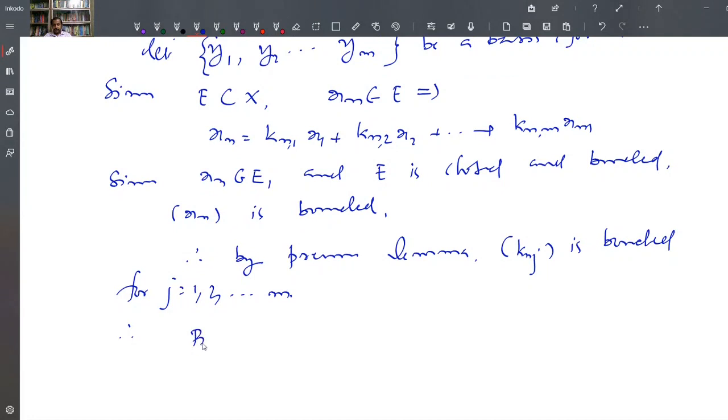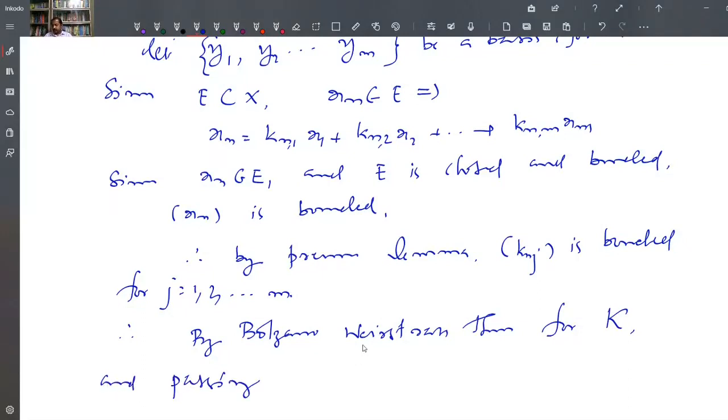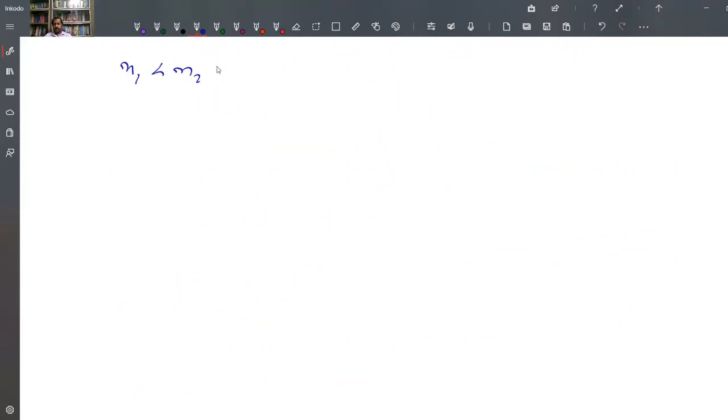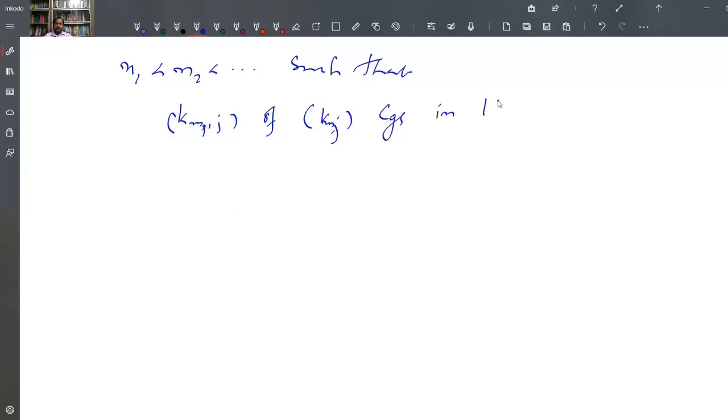Therefore by the Bolzano-Weierstrass theorem, passing to subsequences several times, we get n1 less than n2 less than etc., such that the subsequence k_{n_p, j} of k_{n,j} converges in K as p tends to infinity for each j equal to 1, 2, etc., m.